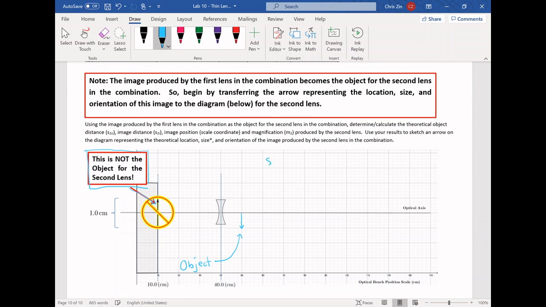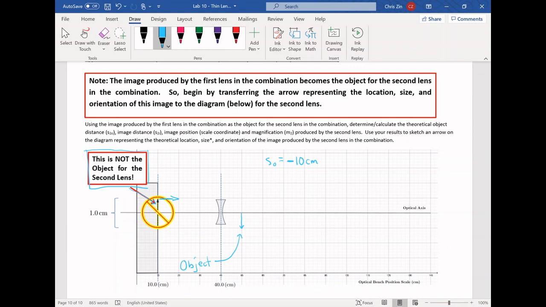The object distance will be the distance from the object to the lens. In this case, it is 10 centimeters. But there's one little tricky part. Since this object is not on the same side of the lens that the light is coming from, remember the light is coming from the actual object over here, I have to treat it as a virtual object.